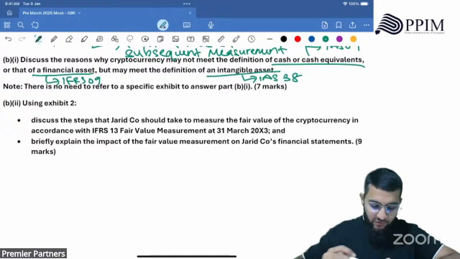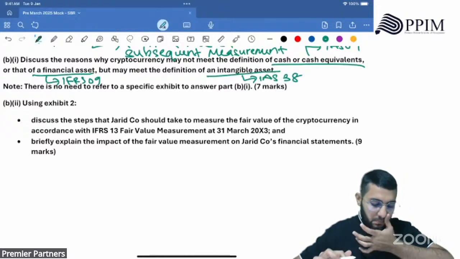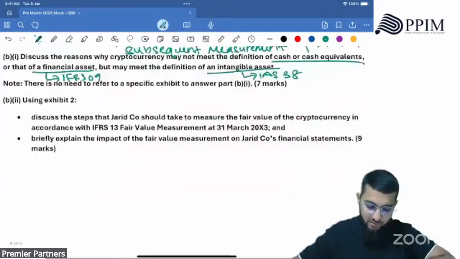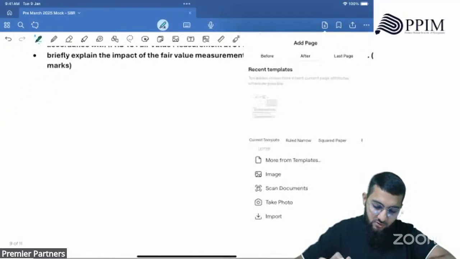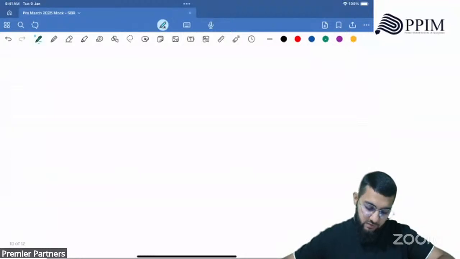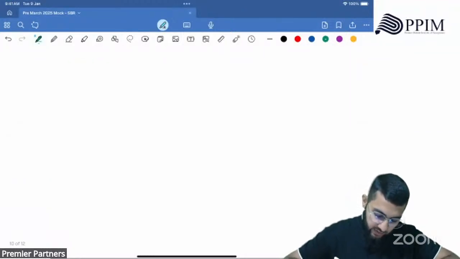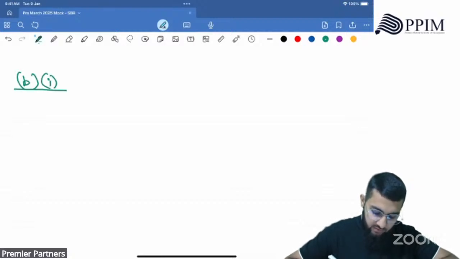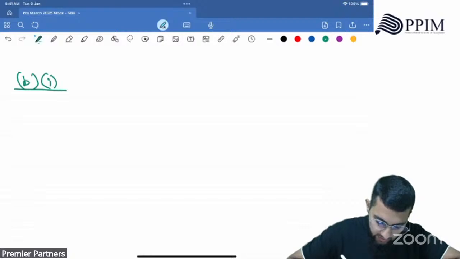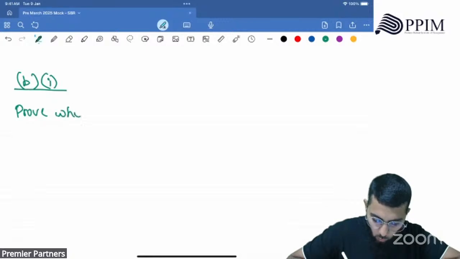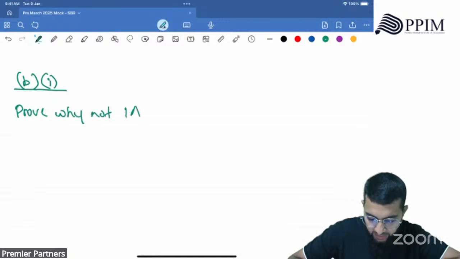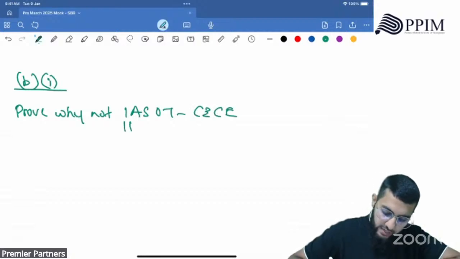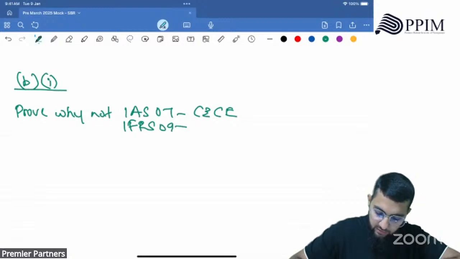Okay, so we've already discussed B1, right? 7 marks. Let me quickly structure the answer for you so that you can make a note of it. This is where I'm responding to B1, because that's something we can immediately get into. First, you have to prove why not IAS 7 cash and cash equivalent, or IFRS 9 financial asset.